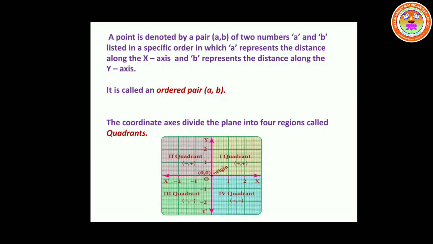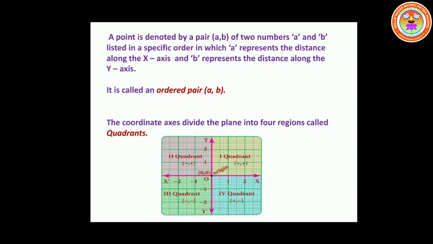The coordinate axes divide the plane into 4 regions, and these regions are called quadrants. Now look at this graph. So you have 4 regions and there are 4 quadrants. The first quadrant consists of x and y values, both positive. Look at the second quadrant.